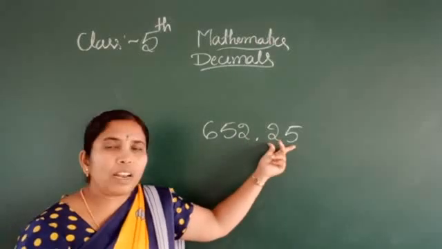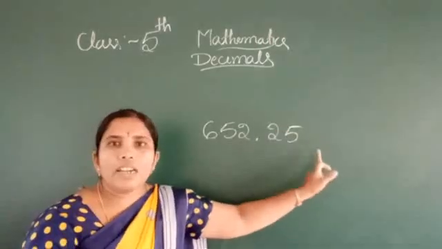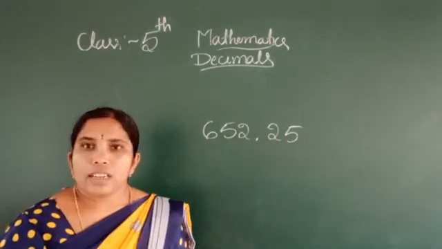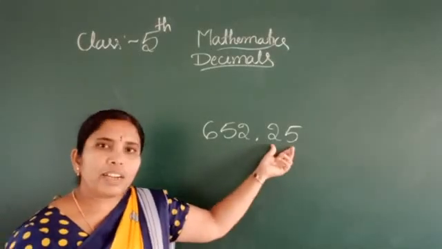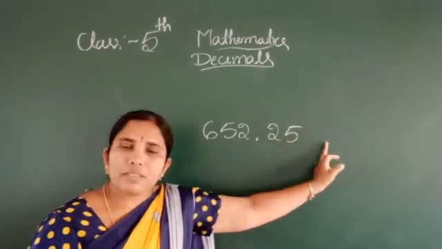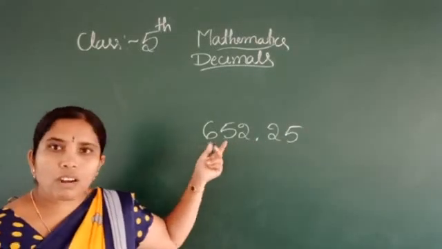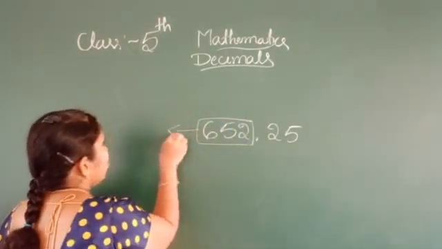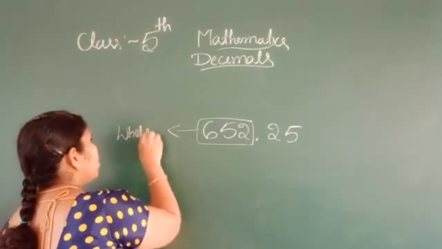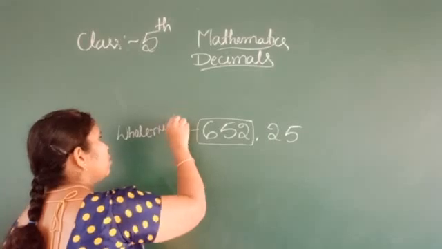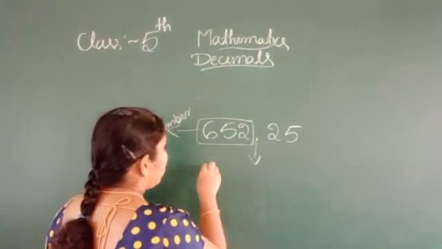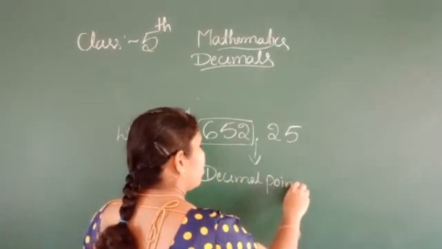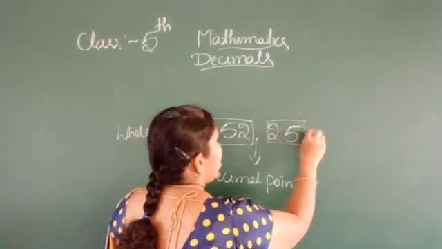The fractional part lies on the right side of the decimal point. 25 is the fractional part. 652 is called the whole number, and this is the decimal point.